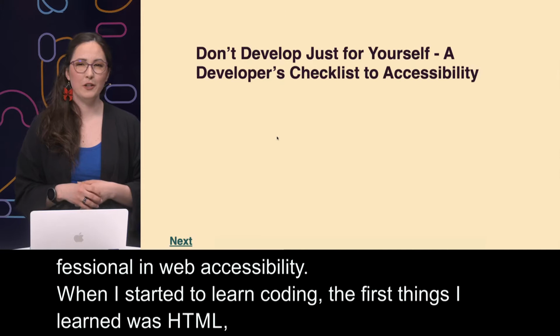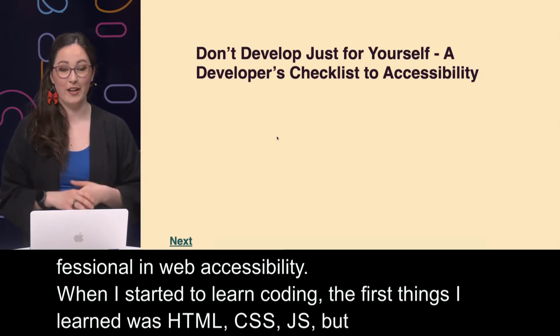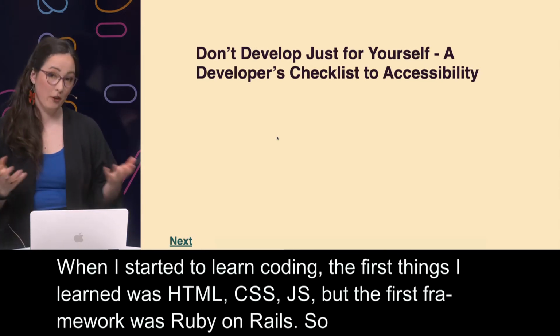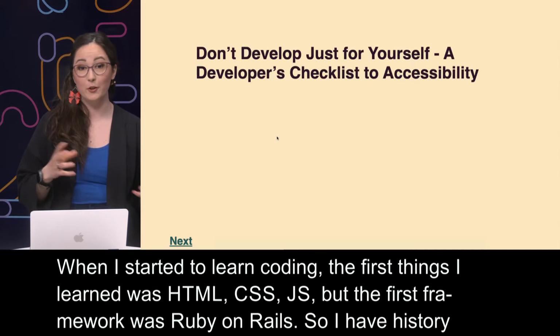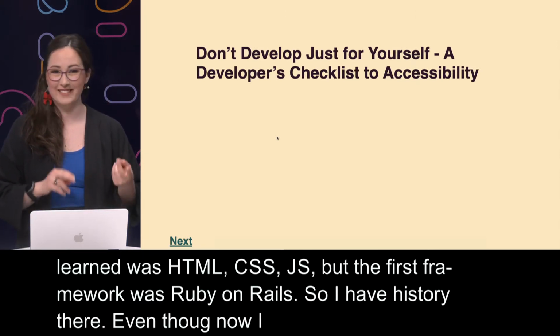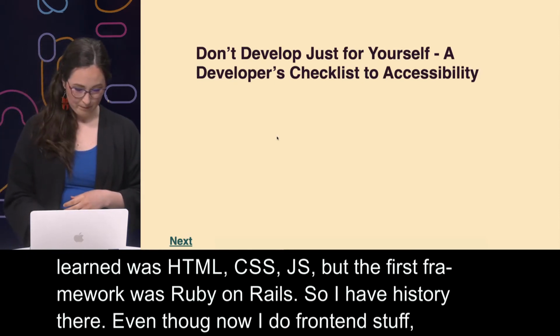But then the first actual framework I was learning was Ruby on Rails. So I have history there, even though nowadays I'm mostly doing front-end focused stuff. That means for me it's usually React and TypeScript and such things. So yeah.